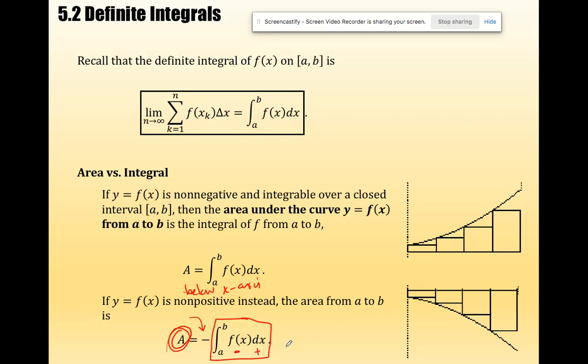And then I will get true area. So, are they asking you for area? If somebody is asking you for true area, your answer must be positive. I can use the integral or approximate the integral to get true area, even if my function is below the x-axis, as long as I negatize my result. Cool? Cool.